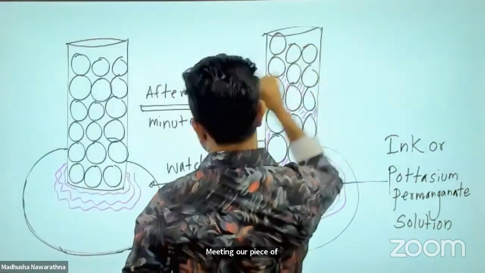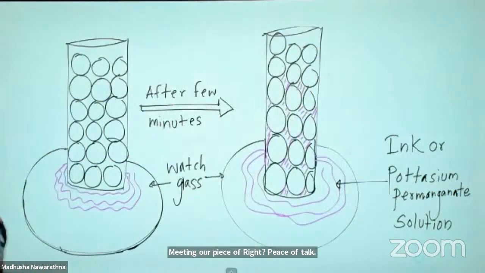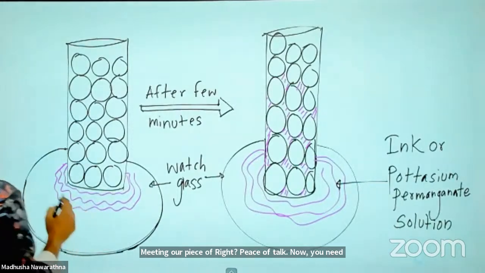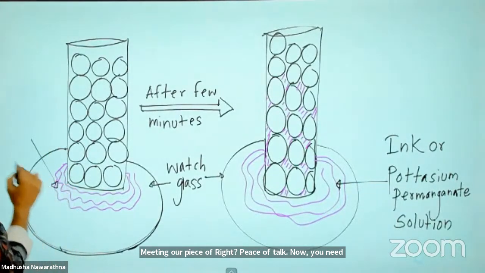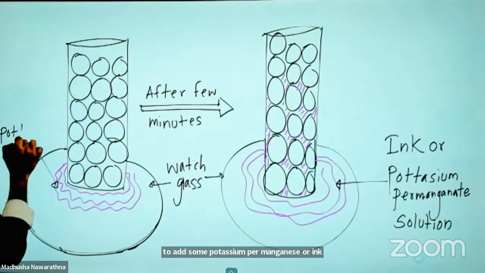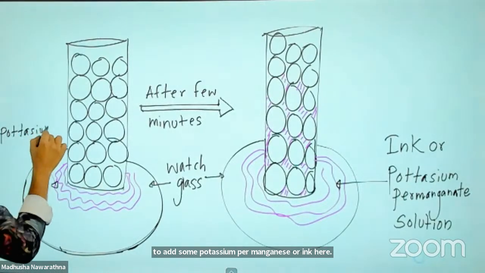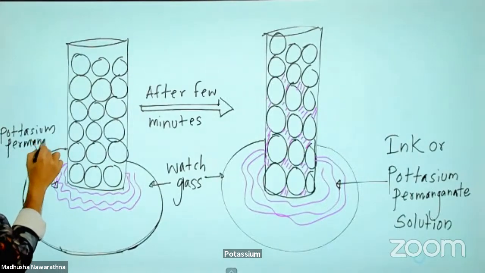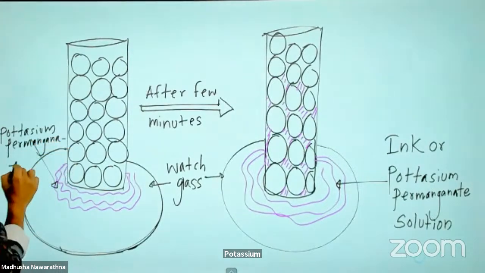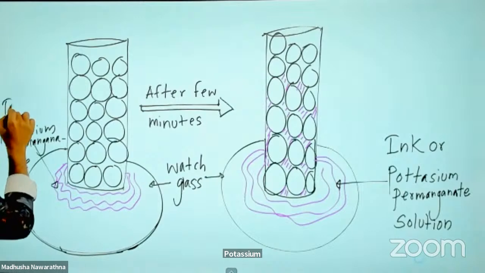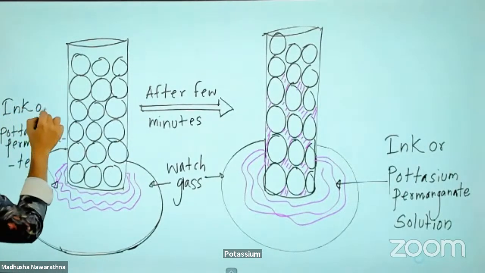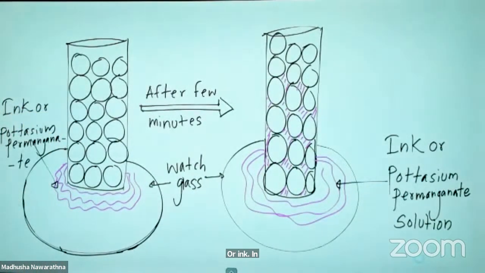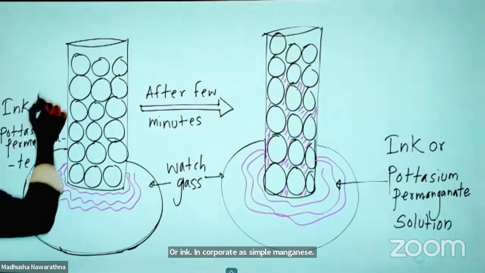Now, you need to add some potassium permanganate or ink here, or potassium permanganate, right? So these are the empty spaces.